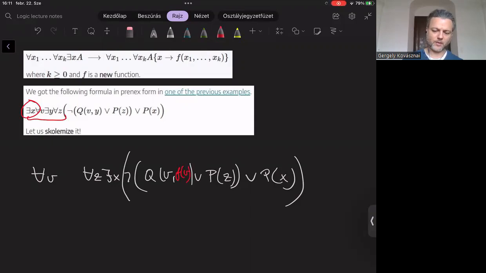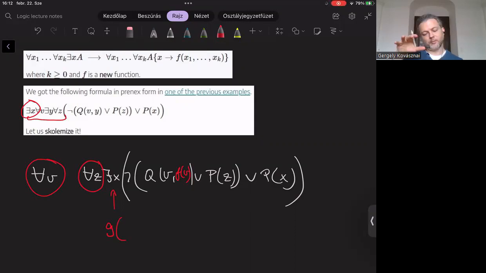But when we are eliminating this exists x quantifier, then we cannot introduce a constant anymore. We must introduce a new function with actual parameters. As you can see, there are two quantifiers preceding the existential quantifier.